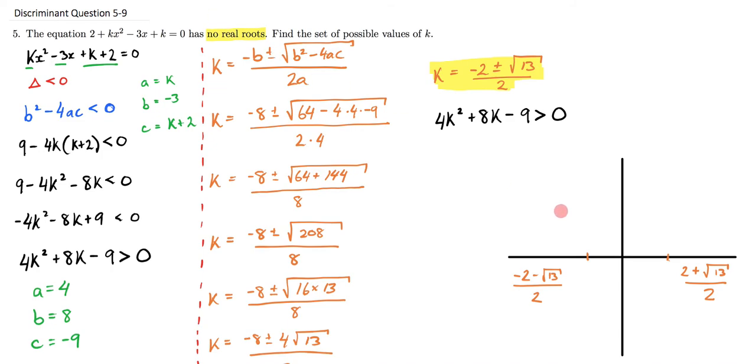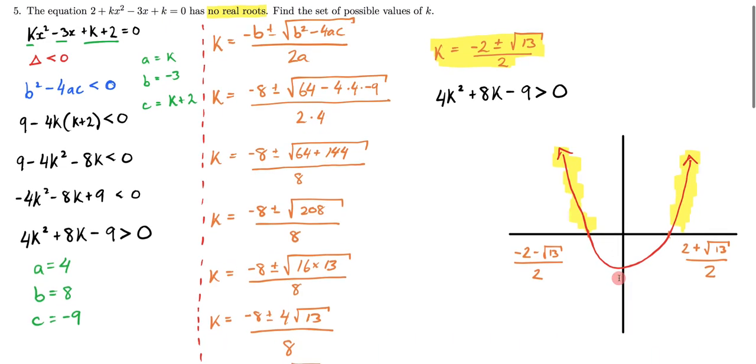And this is going to be a graph that looks something like this. And I'm looking for values of k which gives me a positive output. So I'm looking here and I'm looking here.